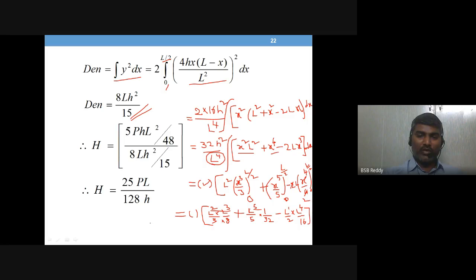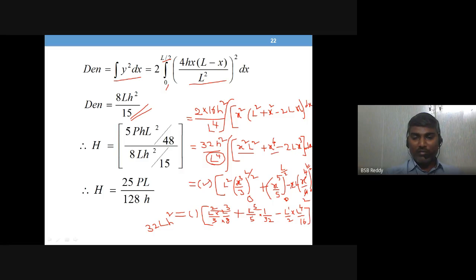So what you remain with is 32 times h square L. The denominator L power 4 is going to cancel out with L power 5, only L remains in the numerator.